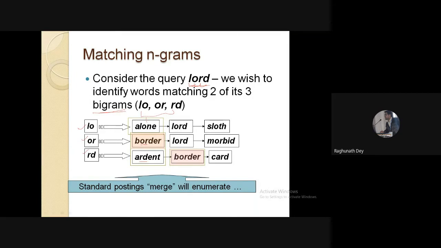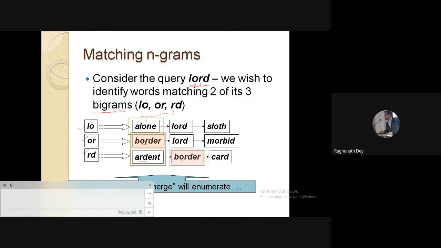Here also OR, so this particular term occurs twice. Here it has OR and here it has RD. Two bigrams are matching, which means this border is pretty similar to LORD. Instead of choosing alone and ardent, because in alone and ardent only one bigram is matching, whereas in border we find an overlap of two bigrams.